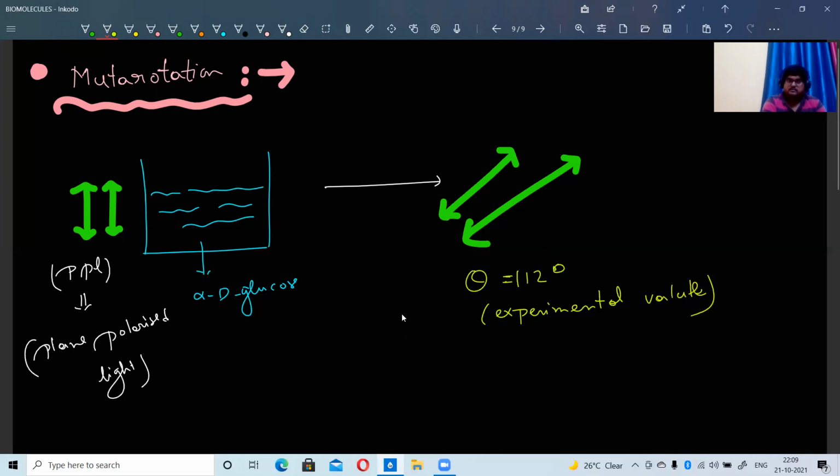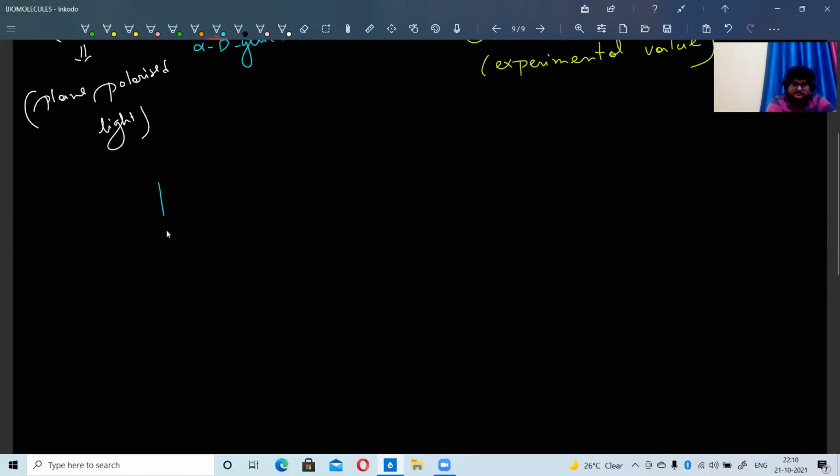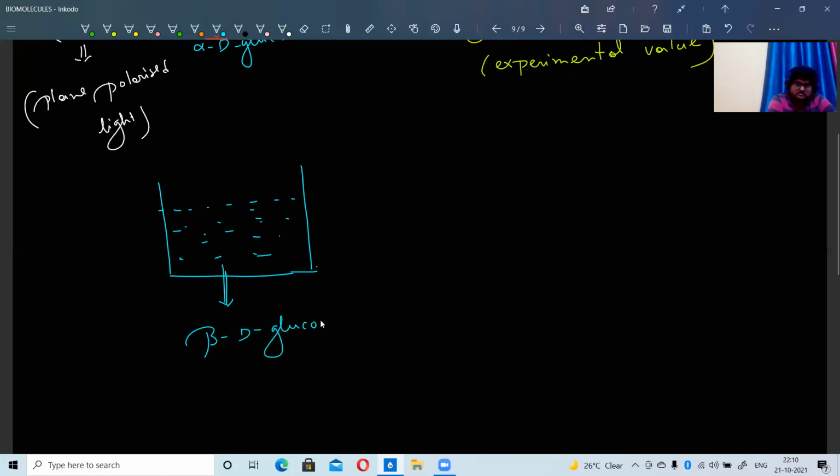Now, instead of alpha-D-glucose, if you take beta-D-glucose, what is happening? Suppose this solution contains beta-D-glucose.